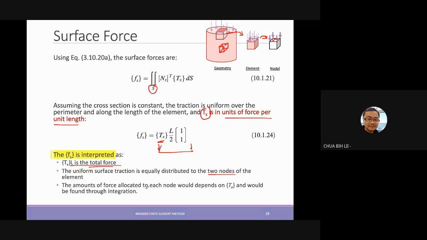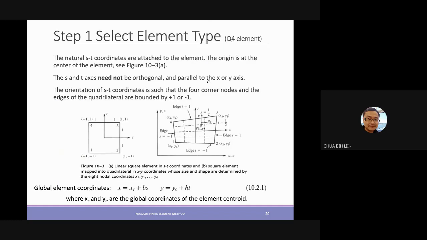The amount of force allocated to each node depends on the Tx and the location, and it is found by integration. So that would be the first part of the derivation for the bar element using the isoparametric formulation. If you have questions, feel free to ask.